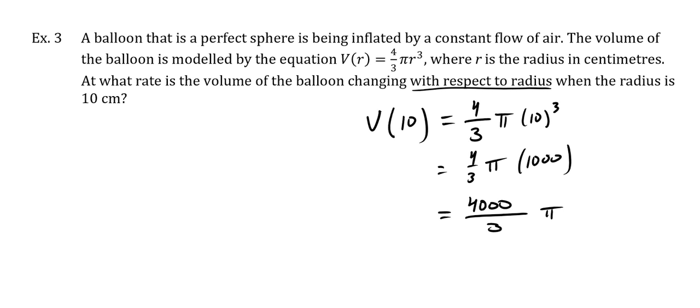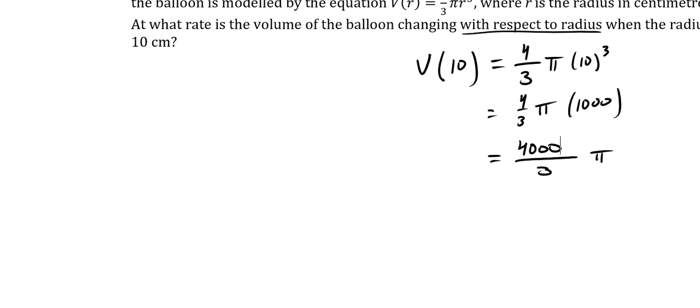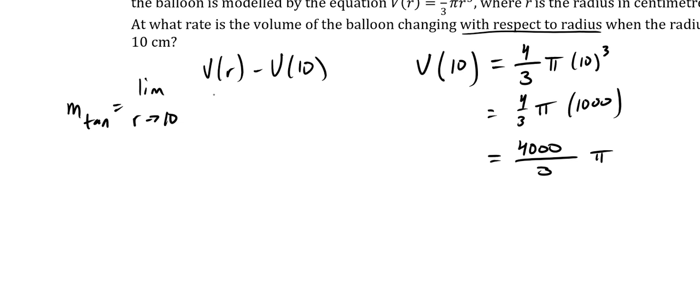So if you don't fully understand what I mean, it'll make more sense in a moment once we get through this. So slope of the tangent equals the limit as r approaches 10 for the volume given radius minus the volume at 10, over r minus 10.